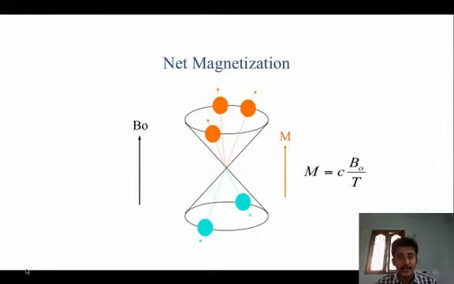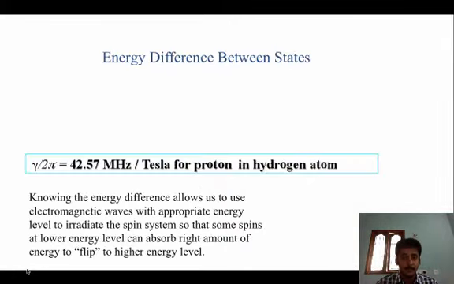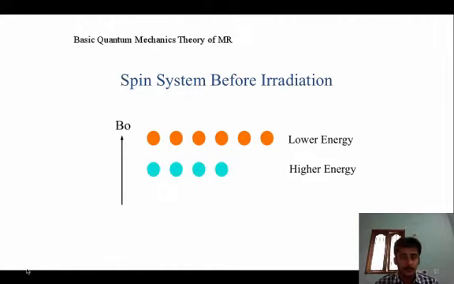For the net magnetic moment, here we have three protons aligned along the direction of the magnetic field B naught, and only two aligned anti-parallel. So the net magnetization is obviously upward, which is given by M is equal to C into B naught by T. So what is this spin system?